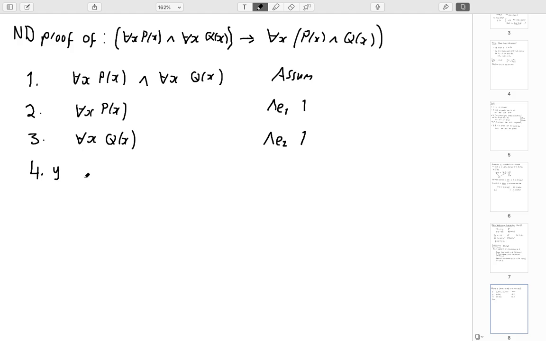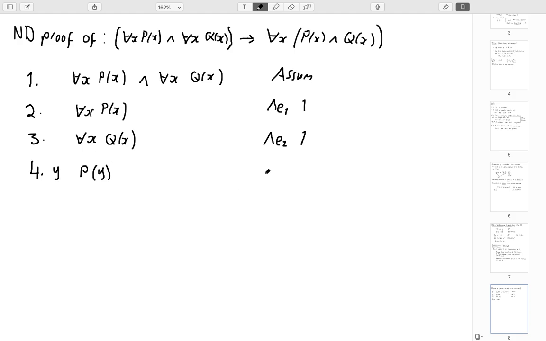And if we've got an arbitrary variable y, standing for an arbitrary element, from for all x, Px, because P holds for all x, it in particular holds for y. So if we introduce a y, then from the universally quantified formula here, we can derive that P holds for y.